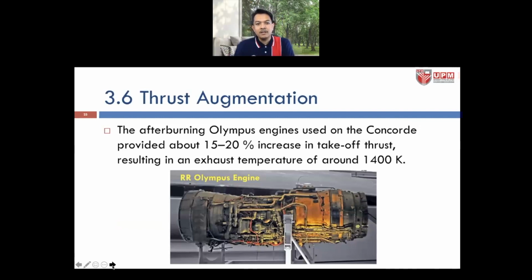The afterburning of the Olympus engine, which is shown in this particular picture, the Rolls-Royce Olympus engine, which was used on the Concorde, provided around 15 to 20% increase in takeoff thrust, resulting in exhaust temperature of around 1400 degrees Kelvin.